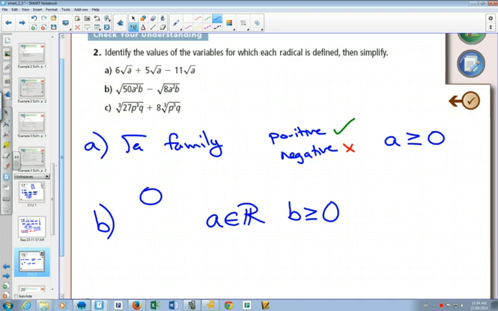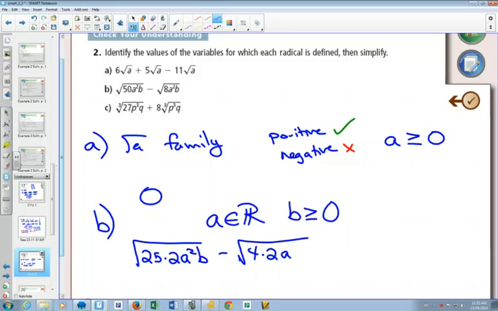These aren't alike on the inside. One of them has a 50, one of them has an 8. They're not the same. We cannot put them together. What we need to do first is simplify these radicals. Can you see that 50 is the same as 25 times 2? And I'd still have the A squared and the B. And can you see that 8 is the same as 4 times 2?